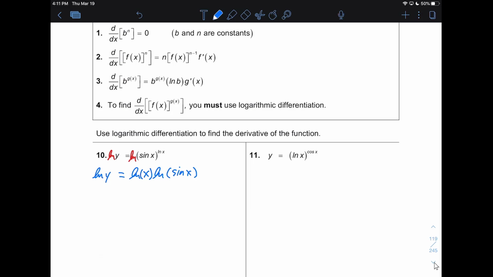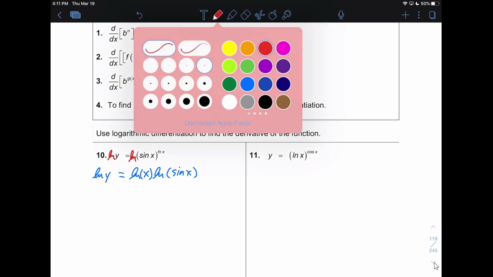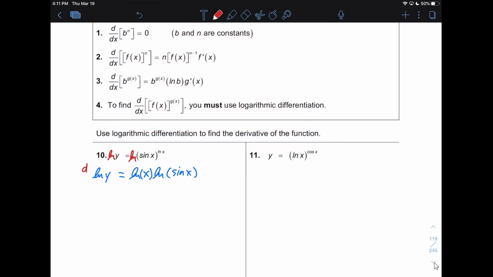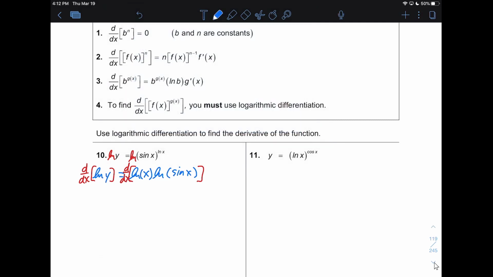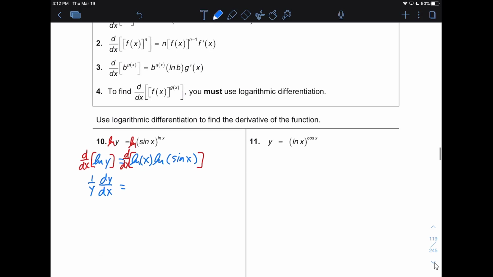And now we're going to differentiate both sides with respect to x. So this would be 1 over y, and then dy dx, using the chain rule, equals, now ln of x times ln of sine of x, that's a product, so we have to use the product rule.